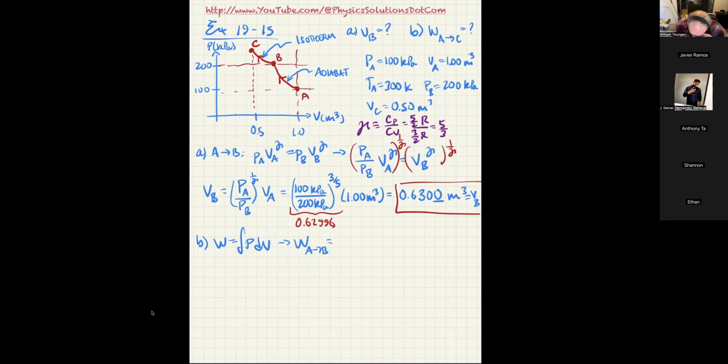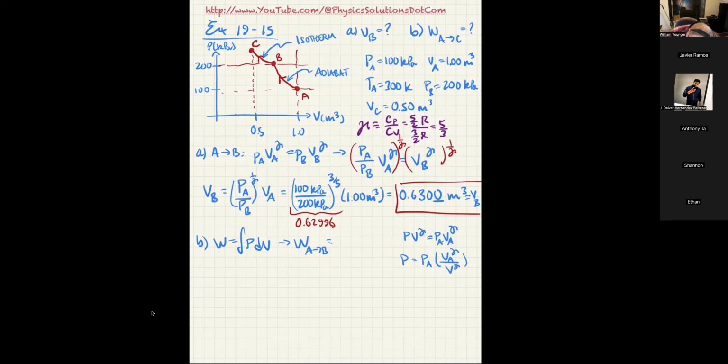So we can represent the pressure as P V to the gamma equal to PA VA to the gamma power. So the pressure P should be PA times VA to the gamma power over the arbitrary V to the gamma power.